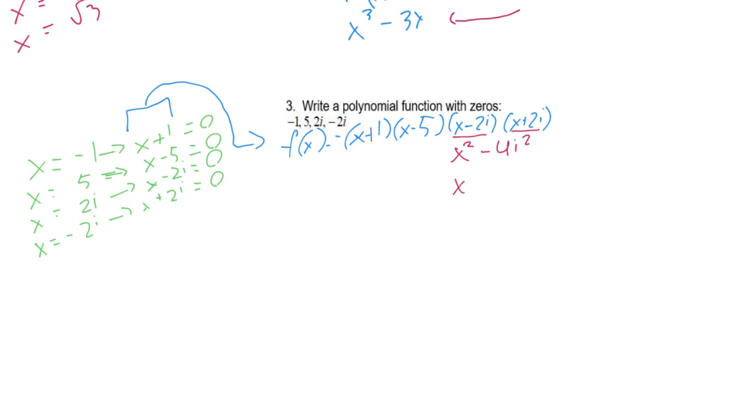This is actually x squared plus 4. And then we bring down the rest of our terms. We had that x minus 5, and we had that x plus 1. And that's our equation.